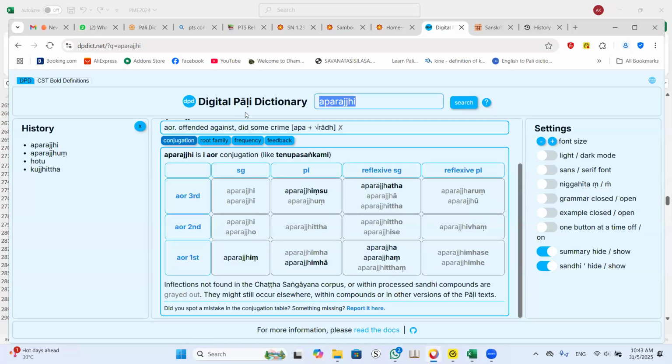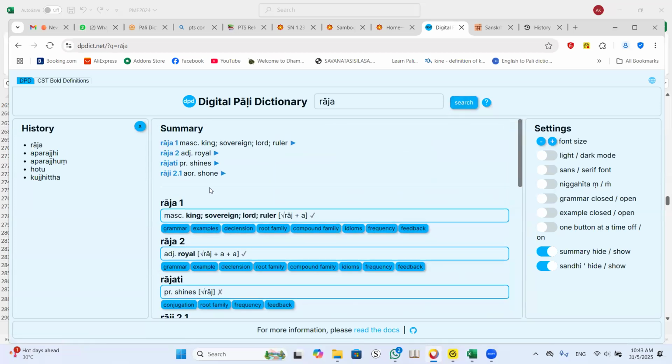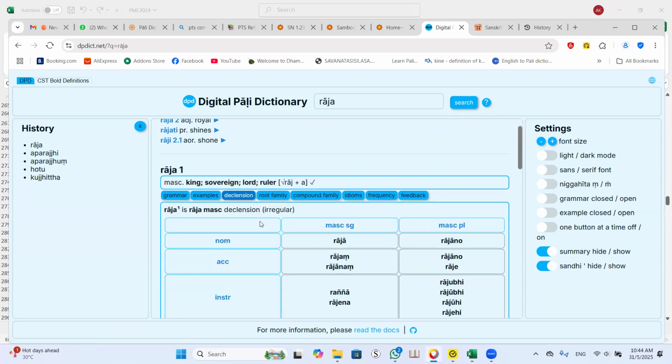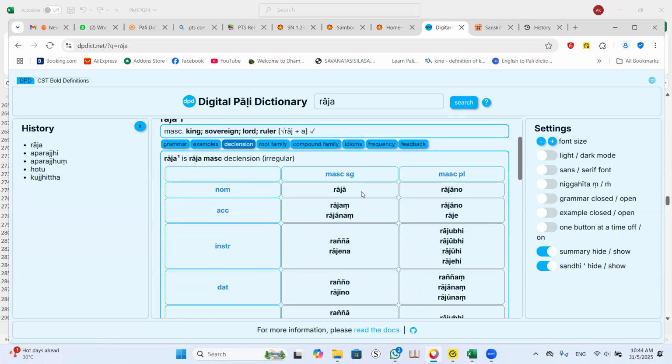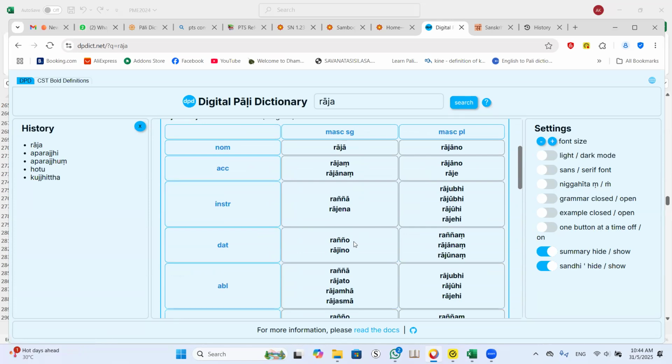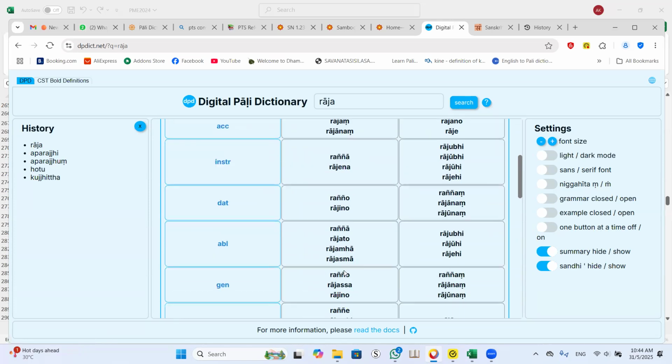What we put is Raja. Raja, the declension. So you see, this Raja is a stem. So this is the declension. Can you see Raja, rano? This is rano. This is dative or genitive.